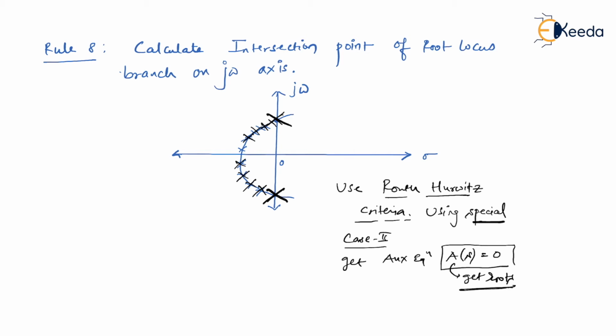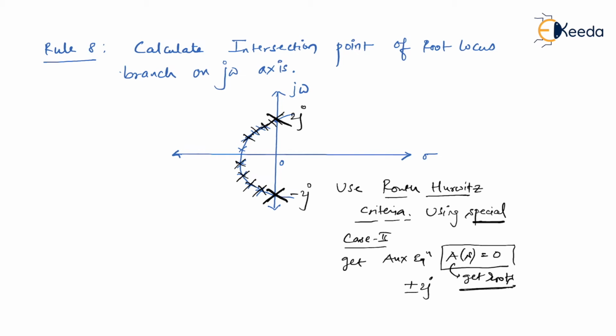For example, hypothetically I am saying those roots are, let's say, plus minus 2j. Then I mean to say that 2j is the point of intersection where my root locus branch is crossing the positive j omega axis, and minus 2j is the intersection point for the root locus which is crossing the minus j omega axis. I hope you get my point.